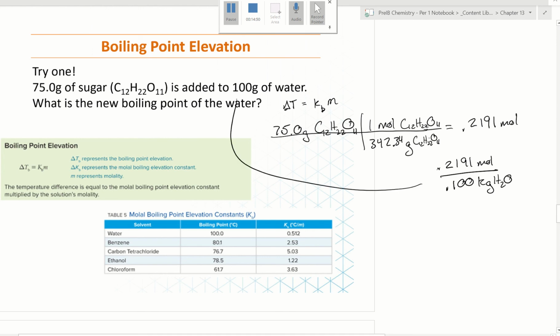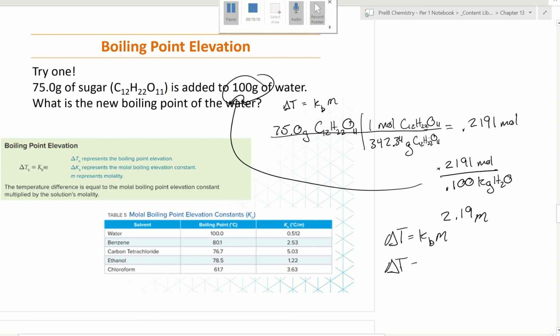I got that from this guy right here, 100 grams of water. So that means it's 2.19 molal solution. Well, if I just plug that into my equation, delta T equals K sub B times molality.